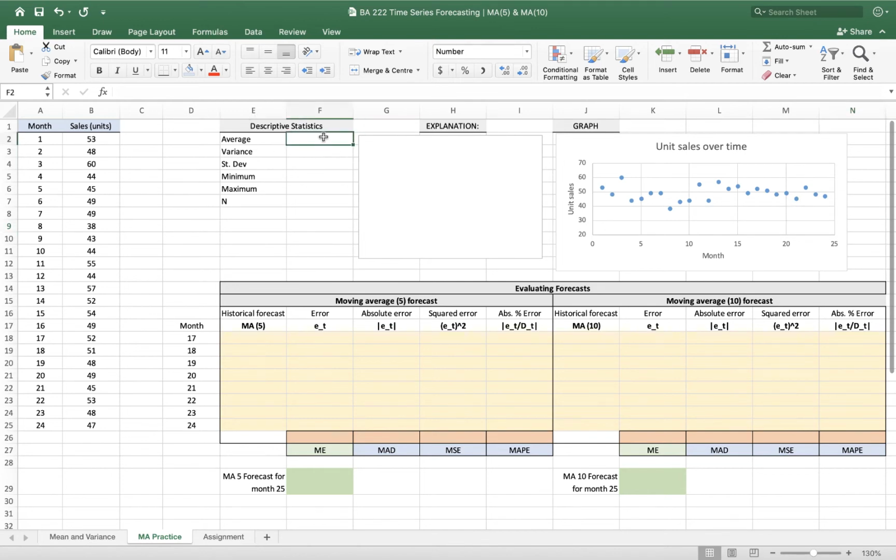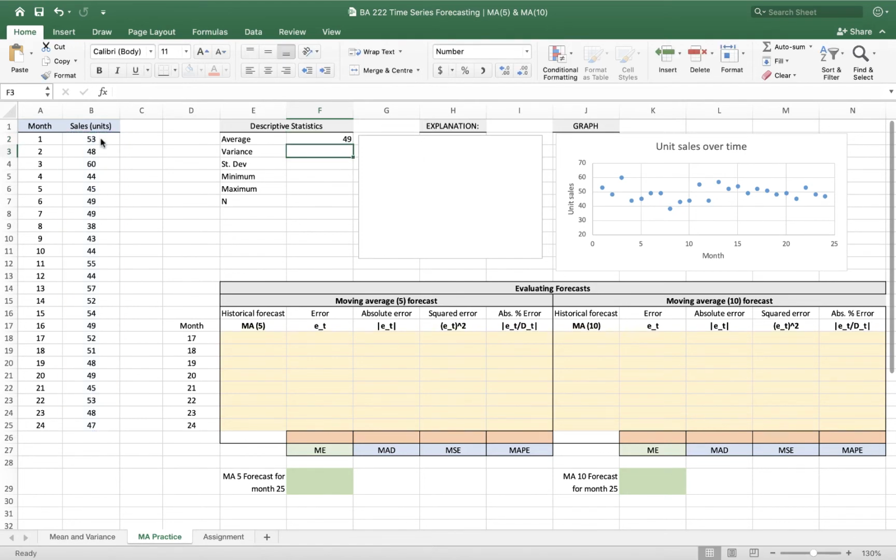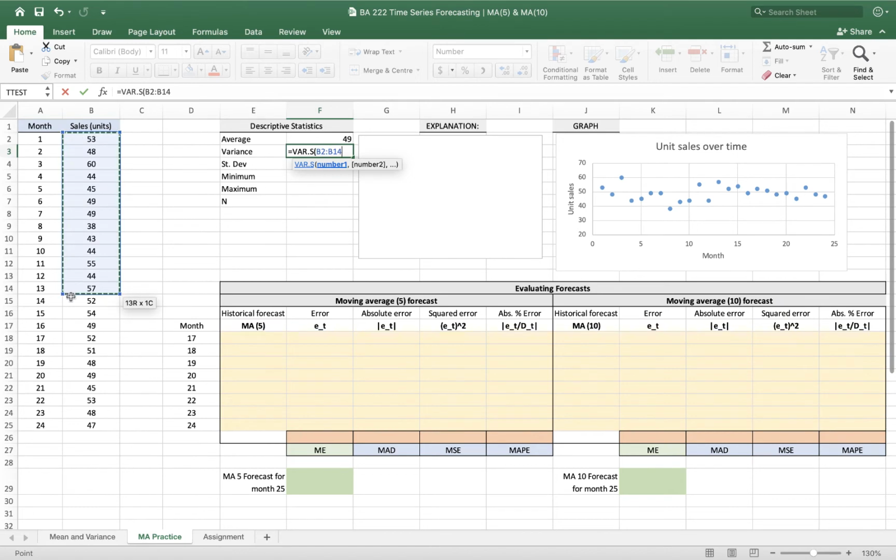I also want to calculate some descriptive statistics. What were our average sales? Average is the formula in Excel. So we sold on average 49 units, and looking at the graph, that makes sense. And for the variance on those sales, I'm going to use VAR.S because I'm going to treat this like a sample of data.